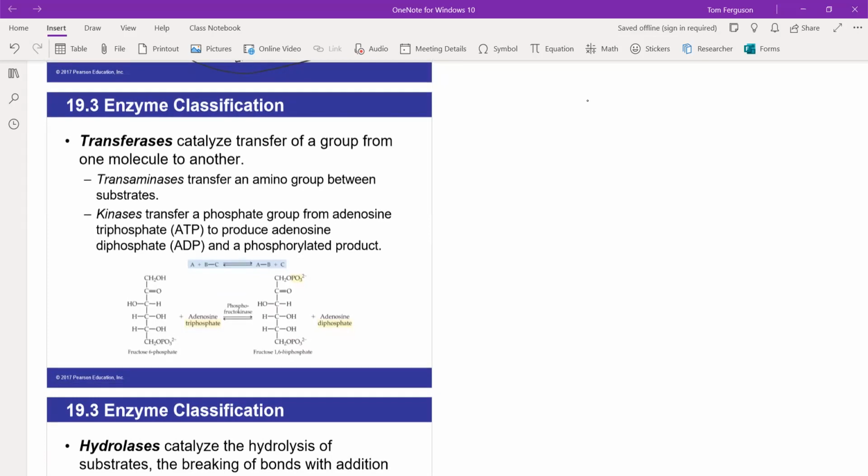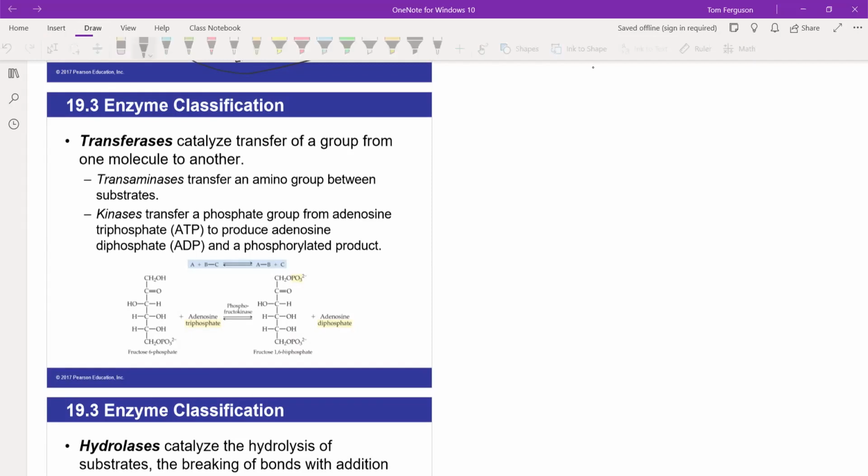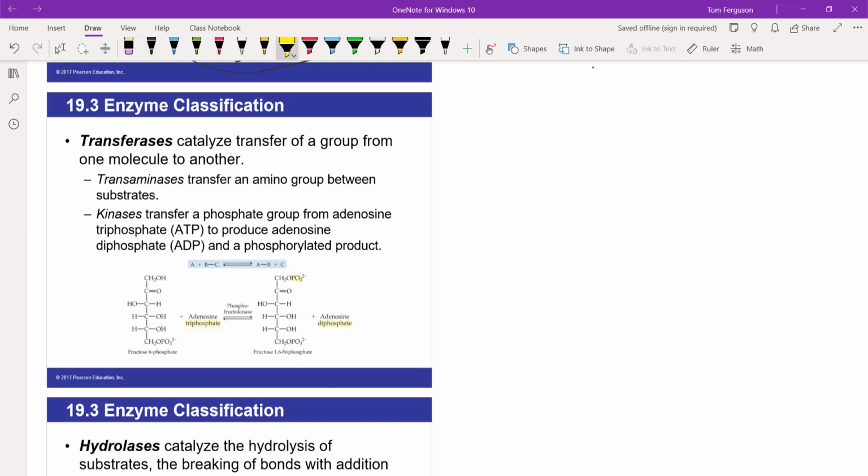Transferases. Key in the word transfer. And there are 2 subclasses.